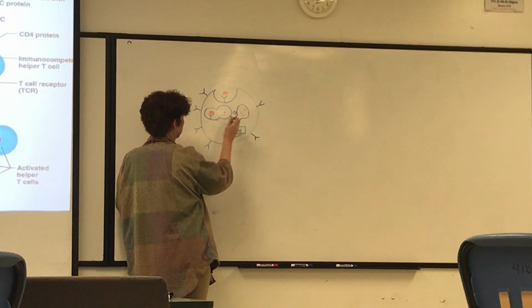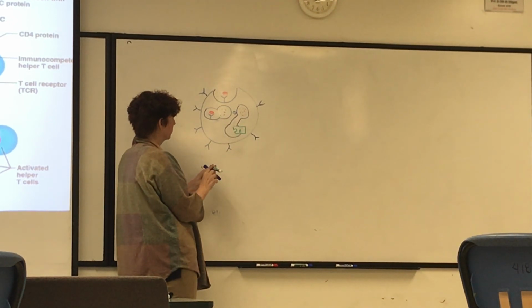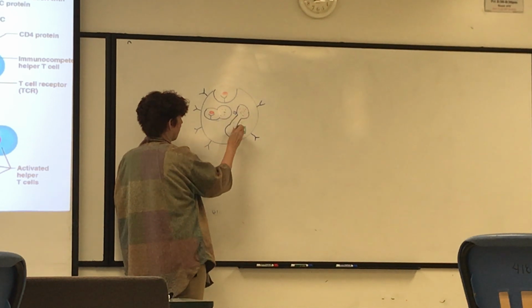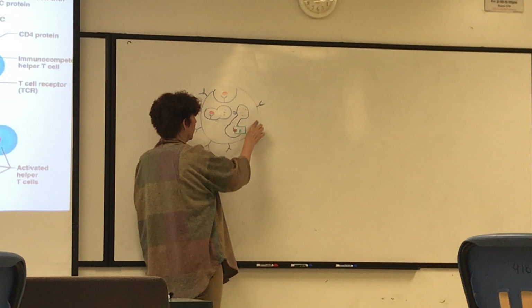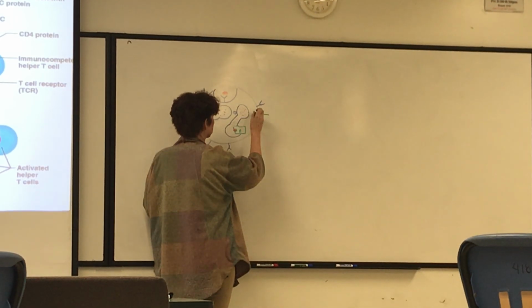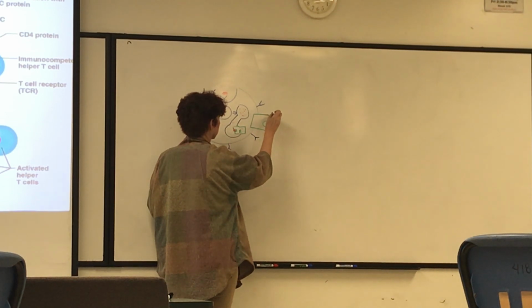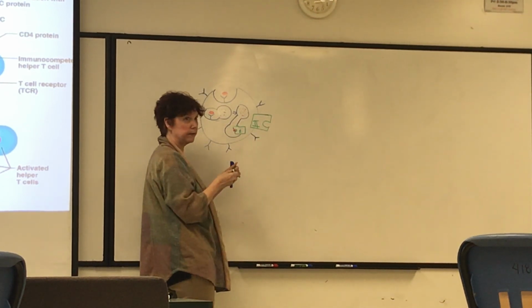And now, whoops, wrong color. Now the viral antigen can bind to the MHC class II molecule and be inserted onto the surface. Starting to look familiar?